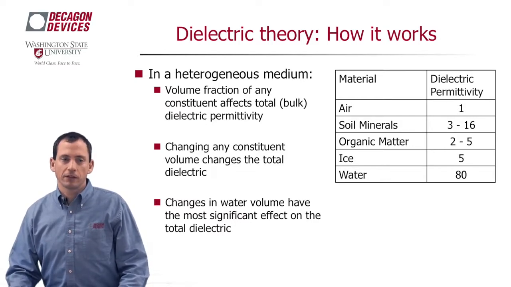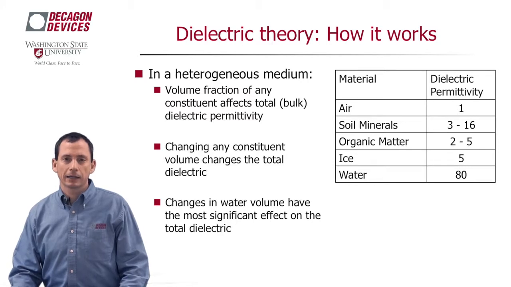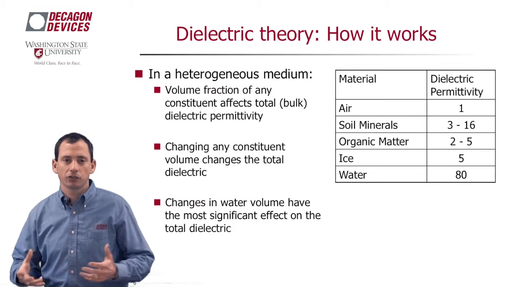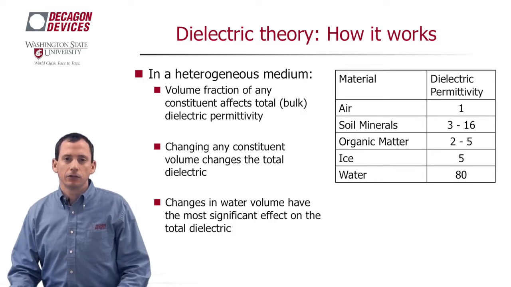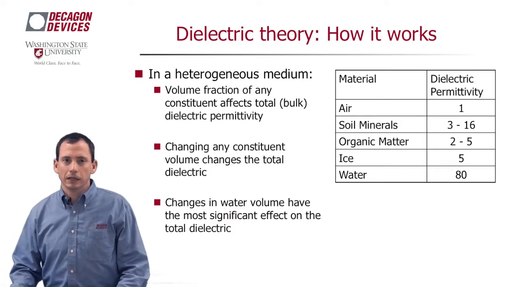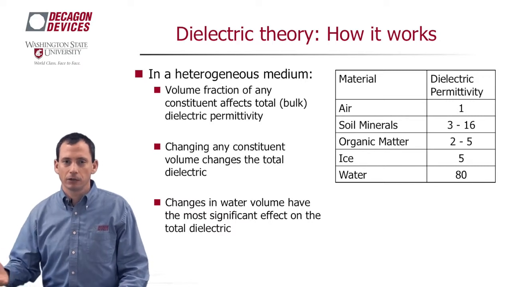The basis of this is that the dielectric permittivity of any mixture, and in this case it's our soil mixture, is related to the dielectric permittivity and the volume fractions of all the things that make up that mixture. So in soil, we have a mixture of a few things.